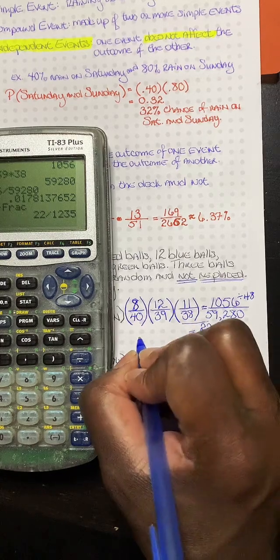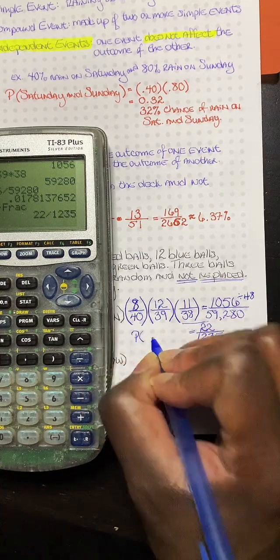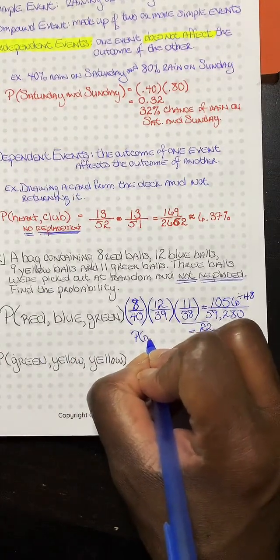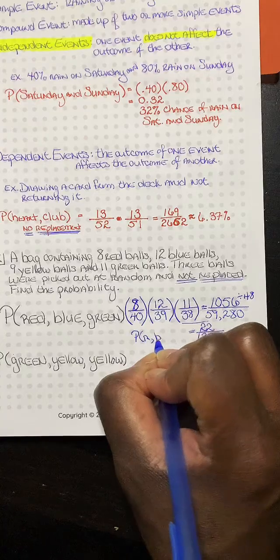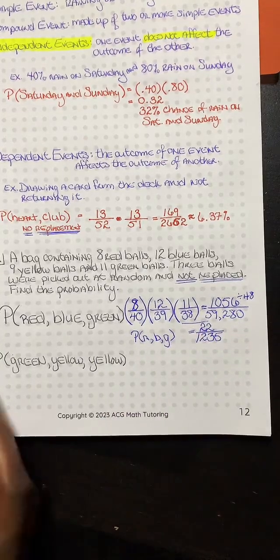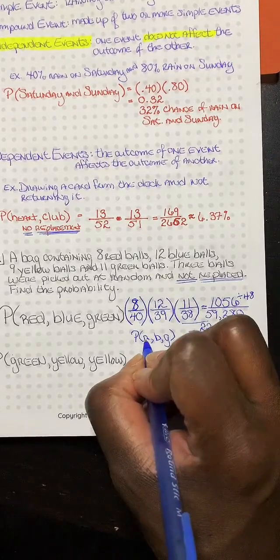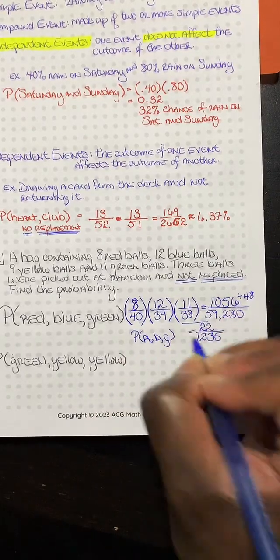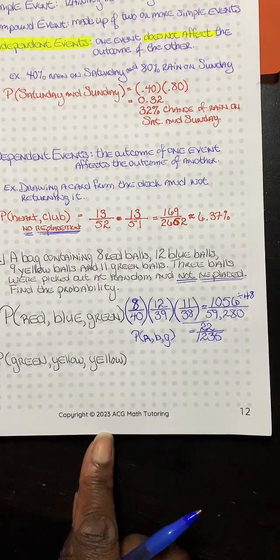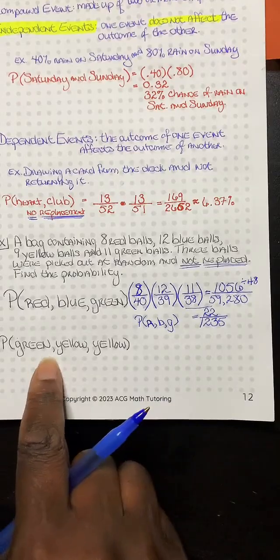So this is my probability of getting a red, blue, and a green. There we go. Now, same information, different probability.